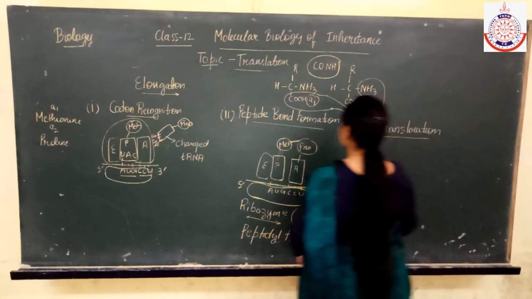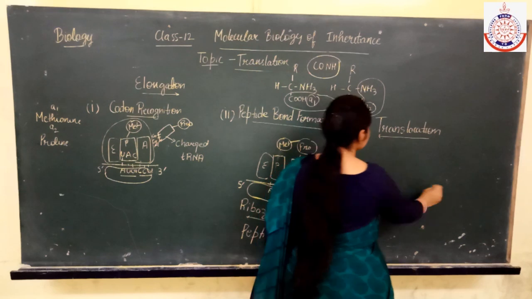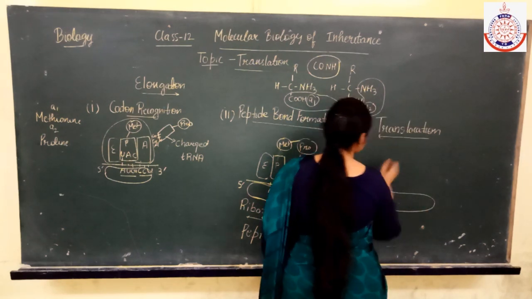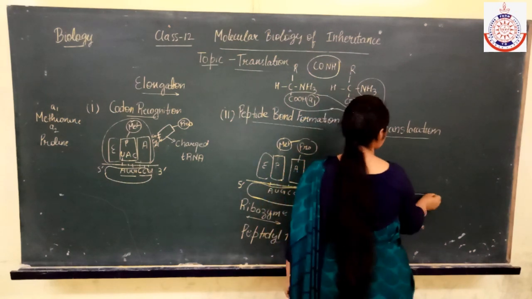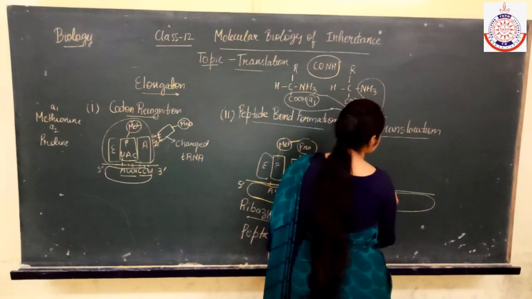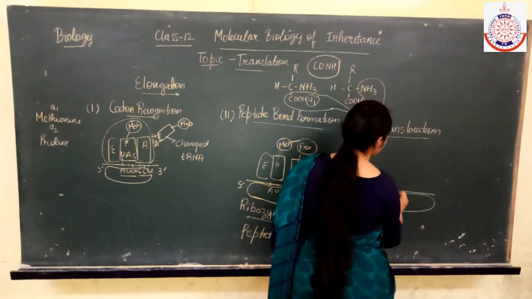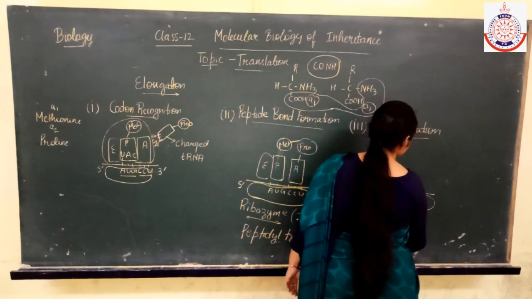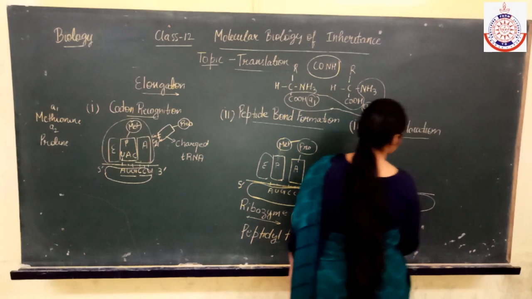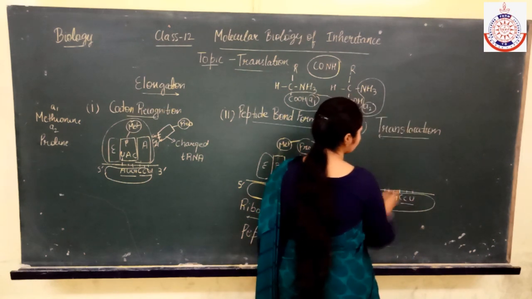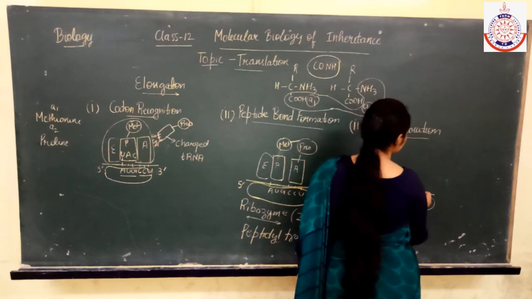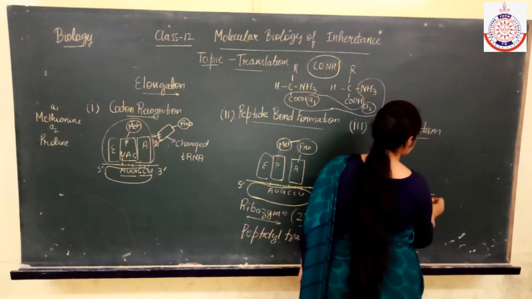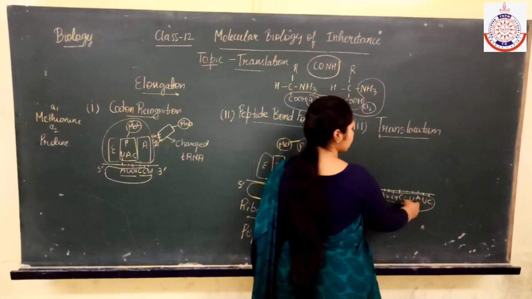Now see what happens when it moves to the P site. Now this is a small ribosomal subunit, and this is A, U, G, and next is the CCU, first codon, second codon. Okay, now third we will write here A, U, C. This is the third codon.